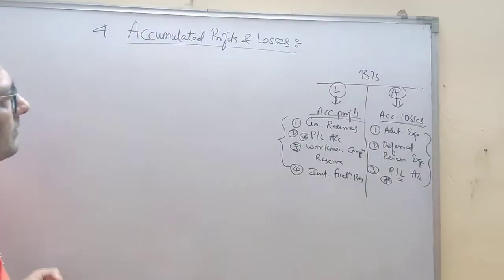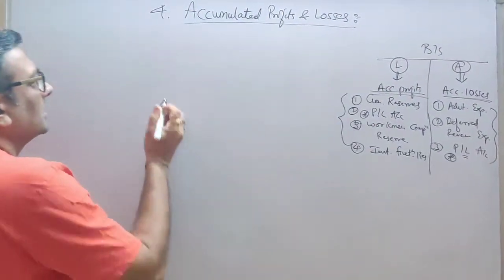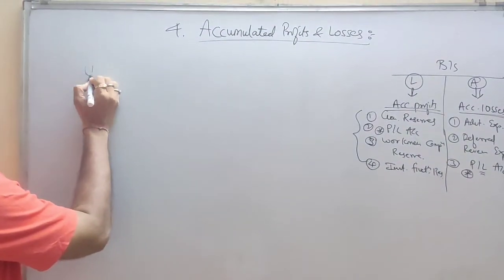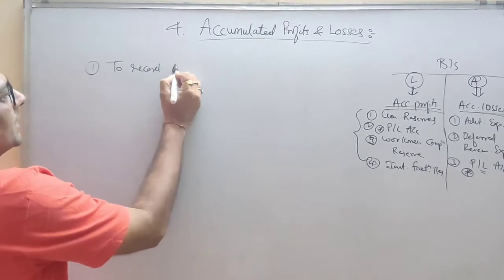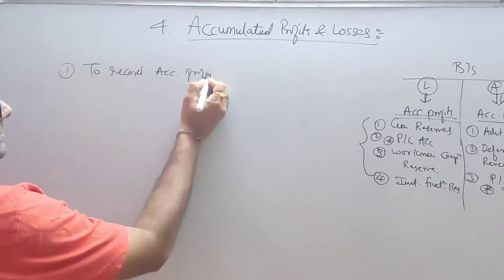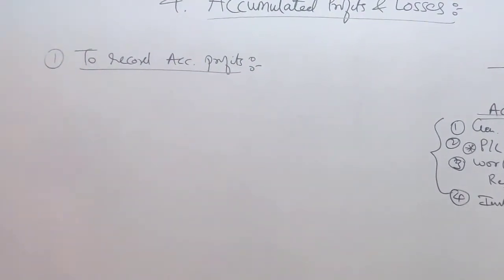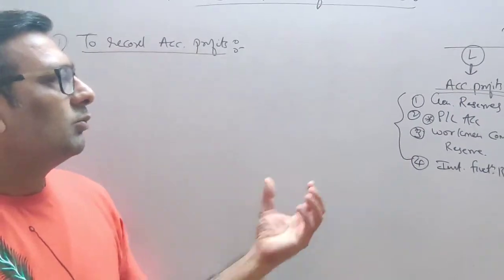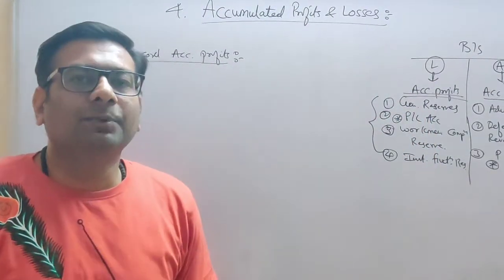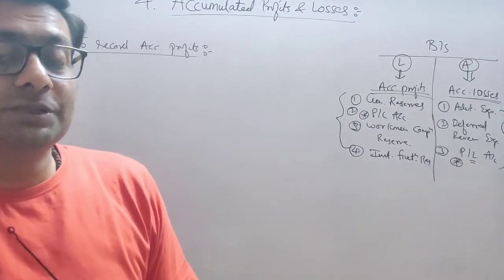Now let's understand how to record this profit first. So I am giving you the entry to record accumulated profits. This I am explaining with reference to admission of a partner. So whenever a new partner is admitted, what are you going to do with this accumulated profit? This is past year's profit, and it belongs to whom, students?